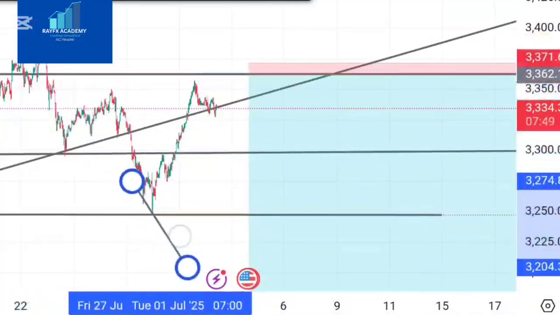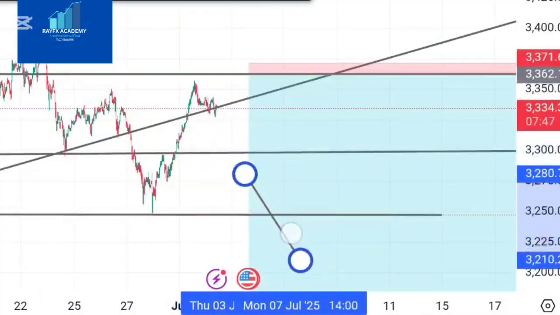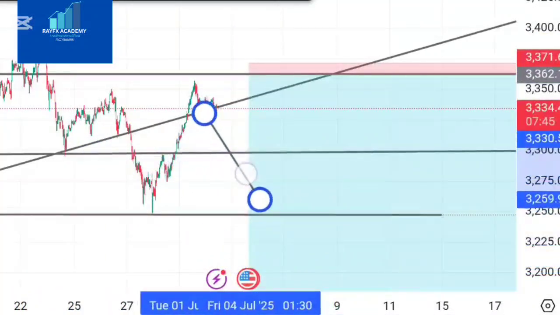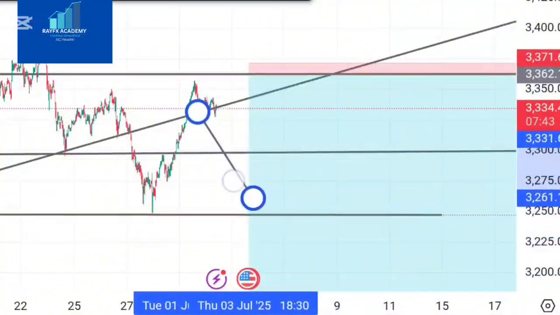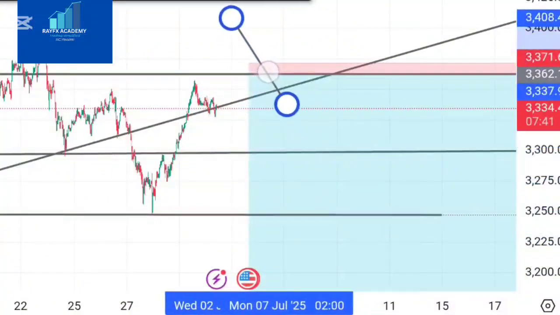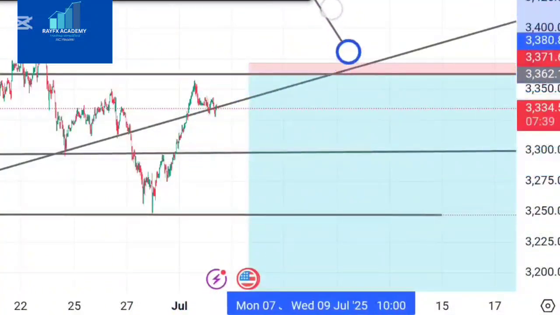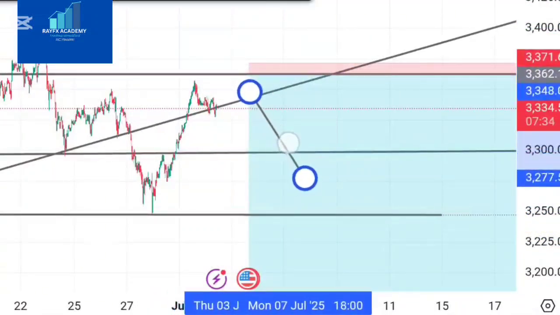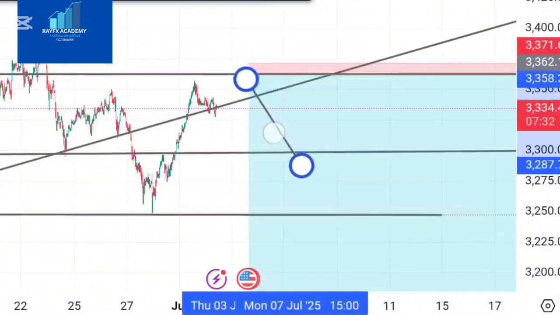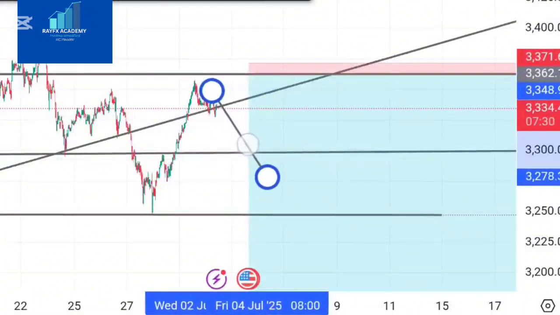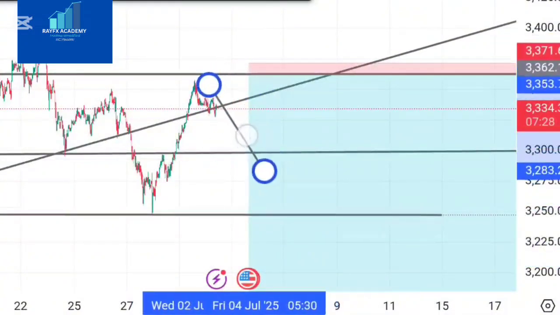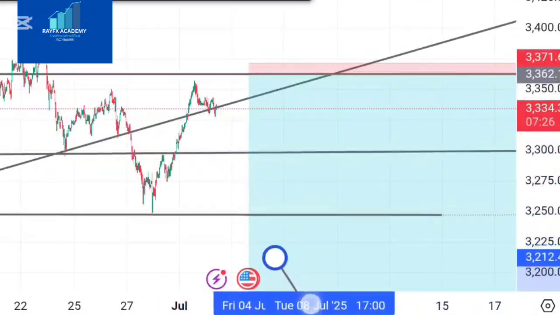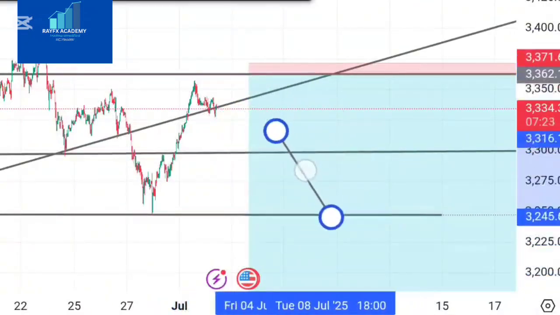This place is looking like we want to form a head and shoulder pattern here. If we form this head and shoulder pattern, we'll come back here to retest. So we are pushing up. But if this resistance holds, if we're able to hold it here, we are coming all the way down, like I said.